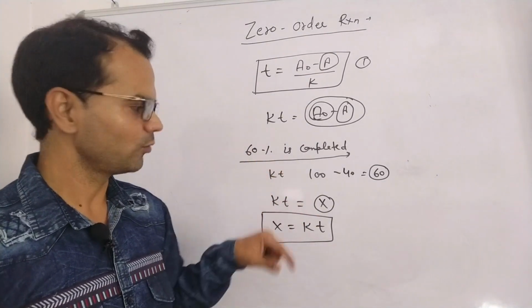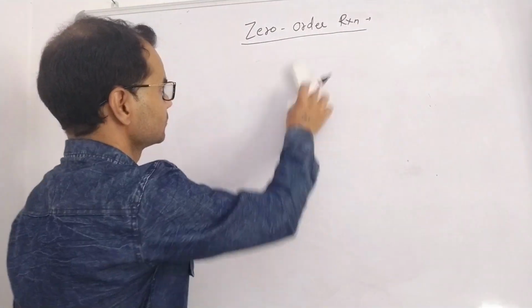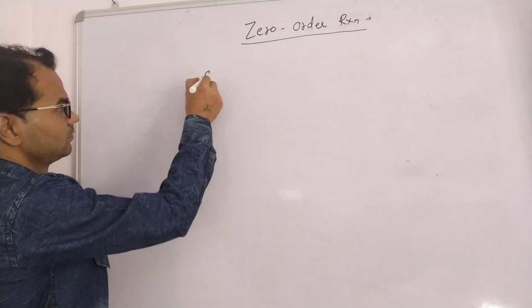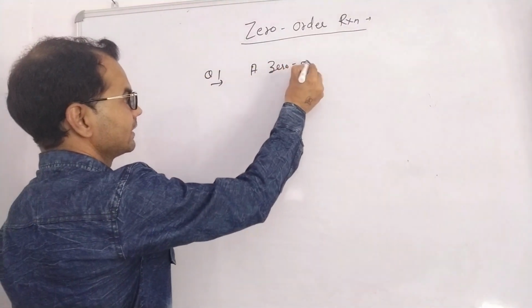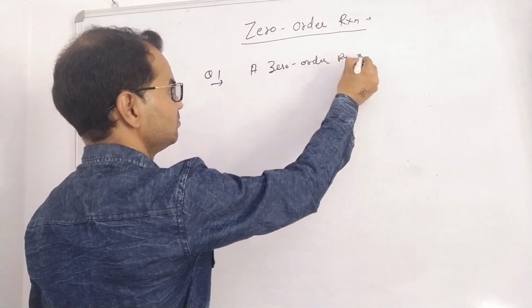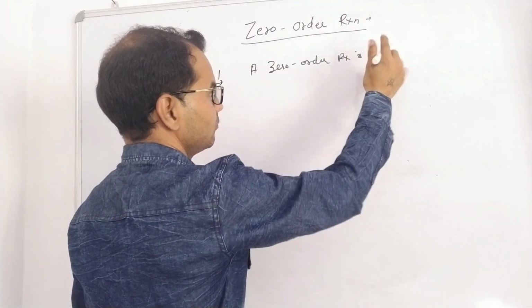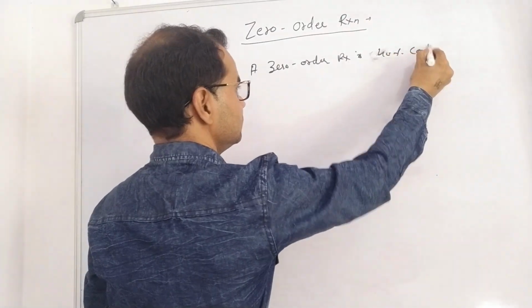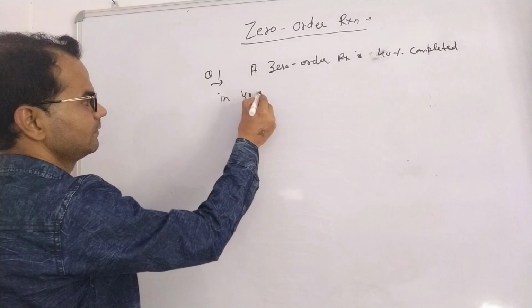Let's solve one numerical. A zero order reaction is 40% completed in 40 minutes.